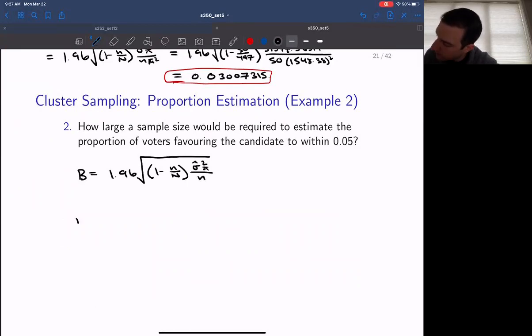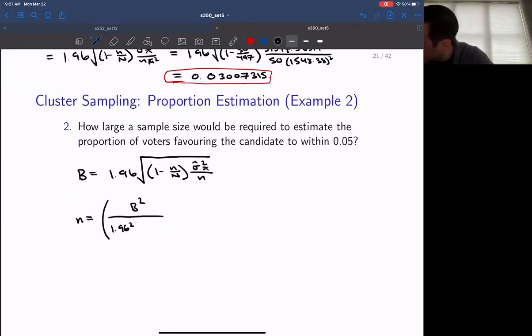Okay, so following the same logic that we had before, this is going to give us b squared over 1.96 multiplied by m bar squared, multiplied by sigma hat squared pi.